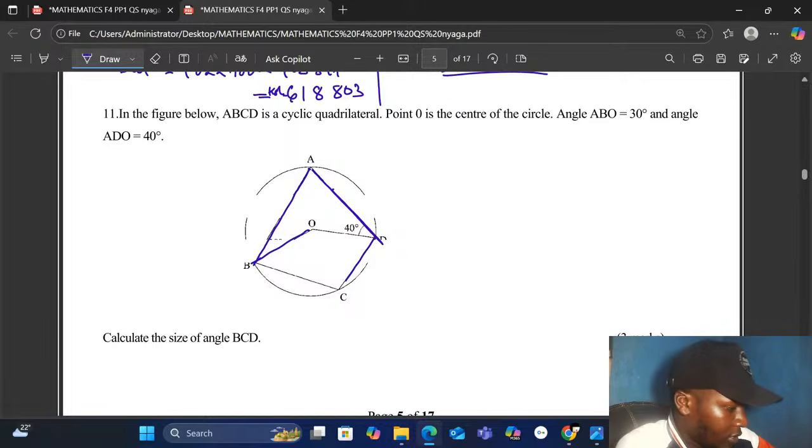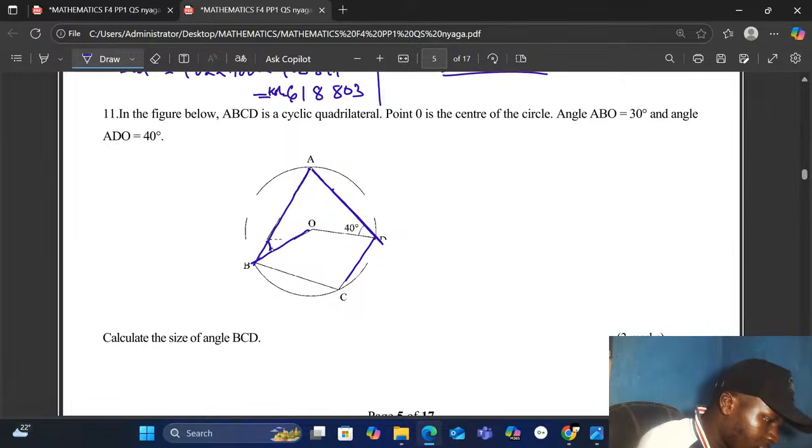How it looks. But here we have 30 degrees. This is now point O. Yeah. Then this is 40 degrees.